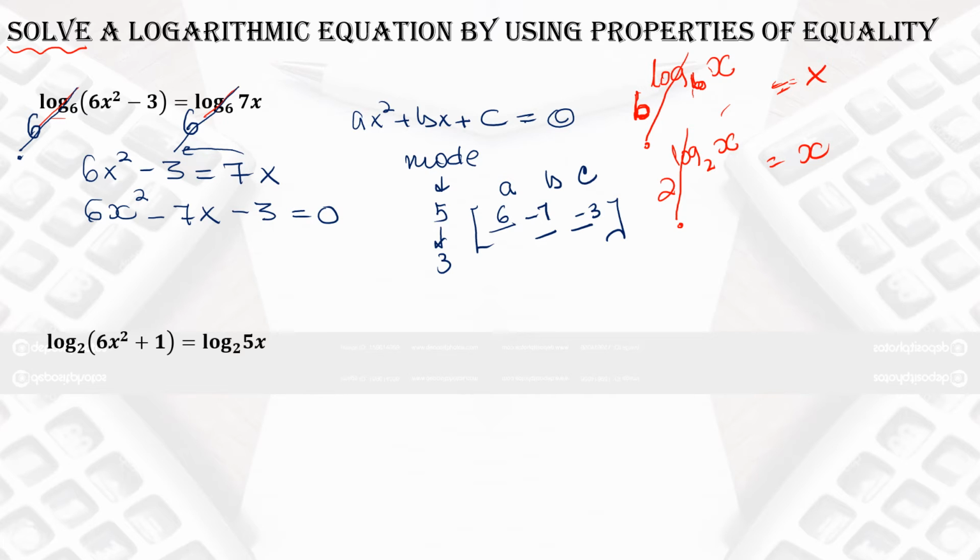And if you are using the graphic calculator, then go to the option menu. Then you have to go to the equation F2 and F1. Same window will appear and you have to write 6, negative 7 and negative 3, and just write the answers directly because they are only asking you to find the value of x.